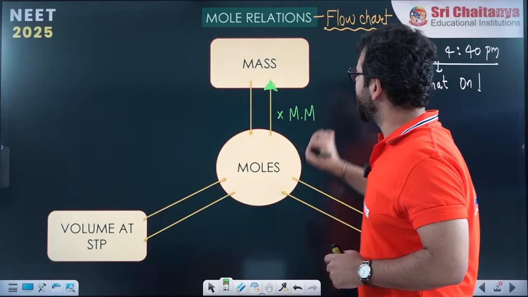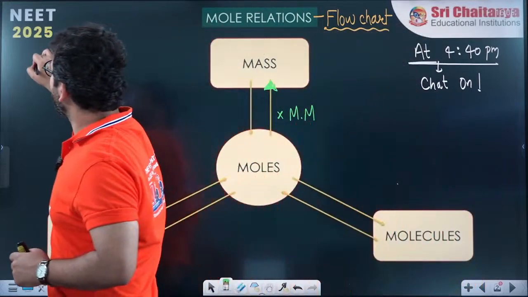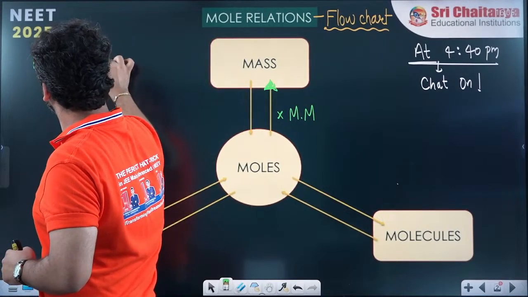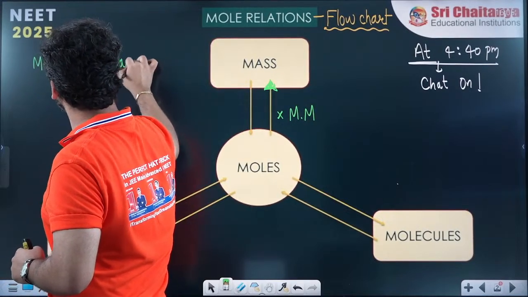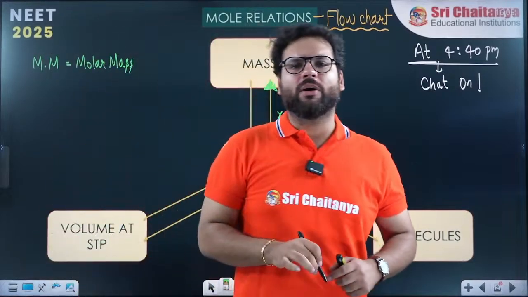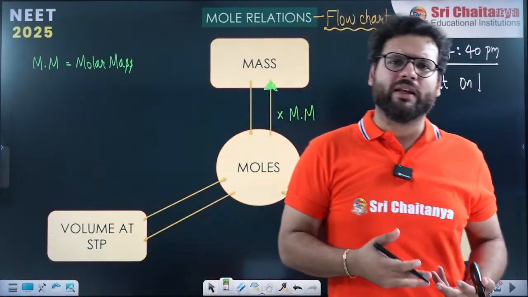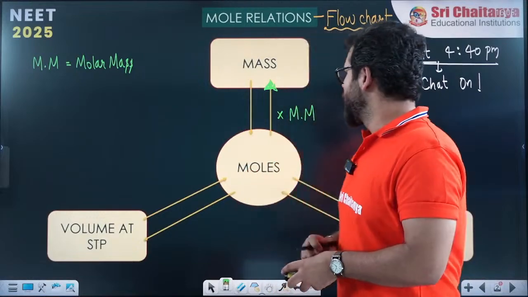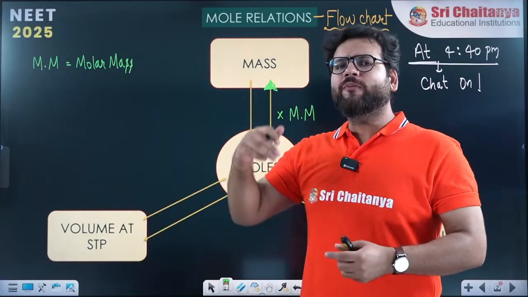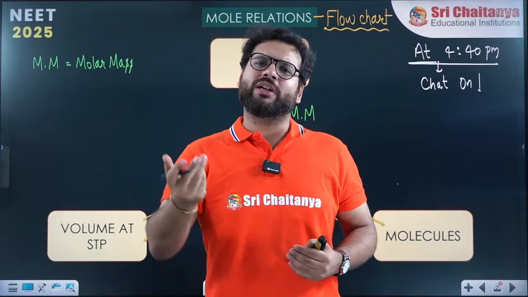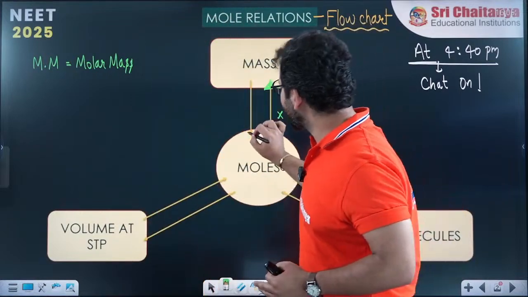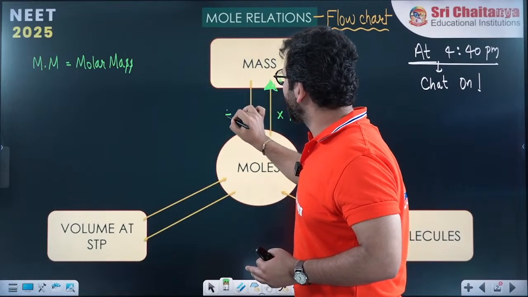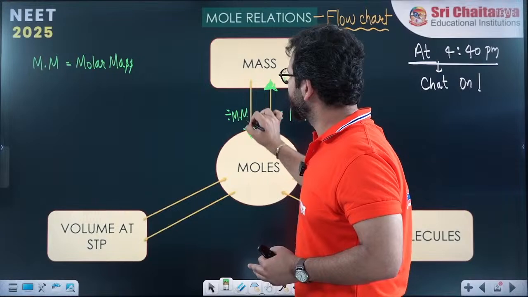I am writing molar mass as mm, which means molar mass of the substance. If they are talking about water, you will take 18 gram. If they talk about CO2, you will say 44 gram and so on. And whenever you want to come from anywhere to moles, you divide by the same thing. So when mass is given, you want to go to moles. Mass divided by molar mass is moles.